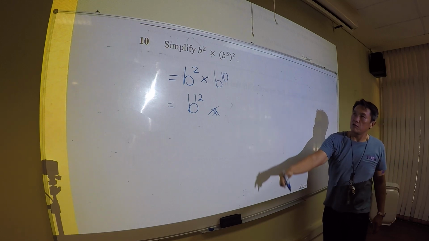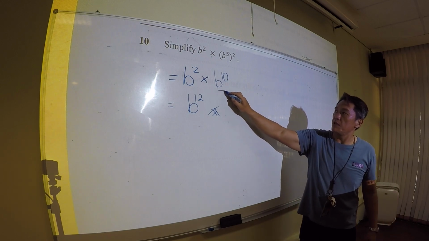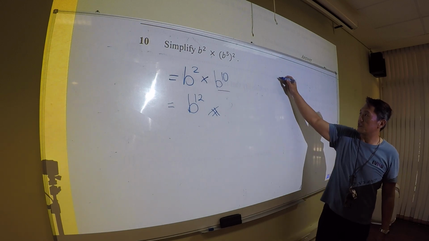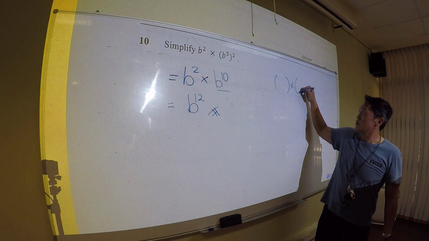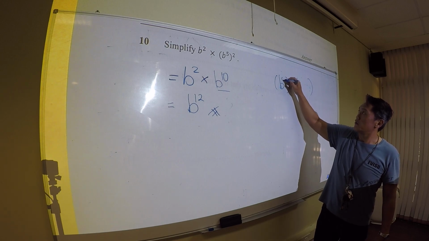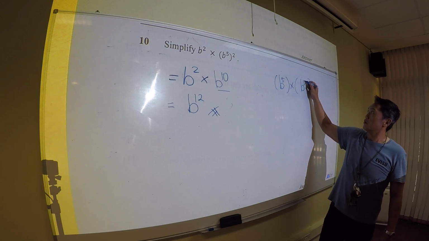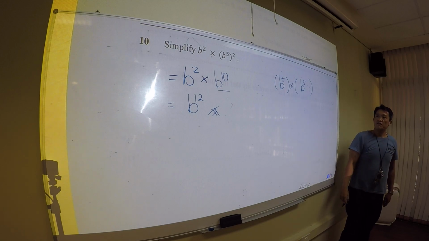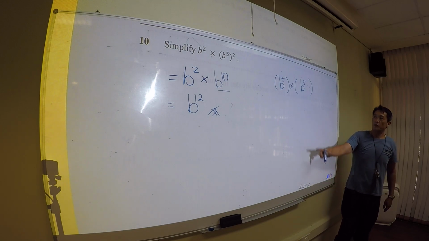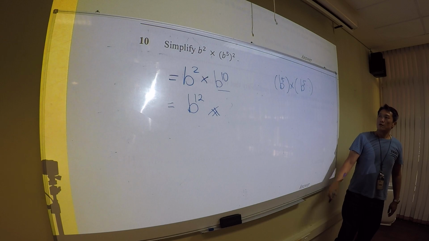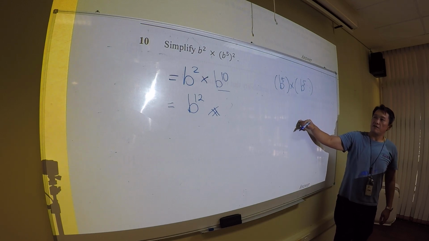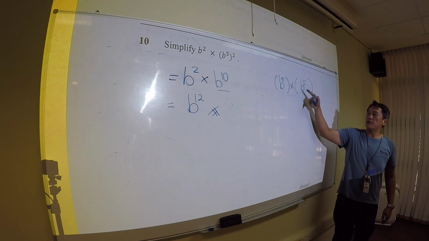But if you go and think a bit, why is it b to the power of 10? It is actually because here is b5 times b5, because we are squaring the bracket. So b5 times b5, that's why we add up the power.